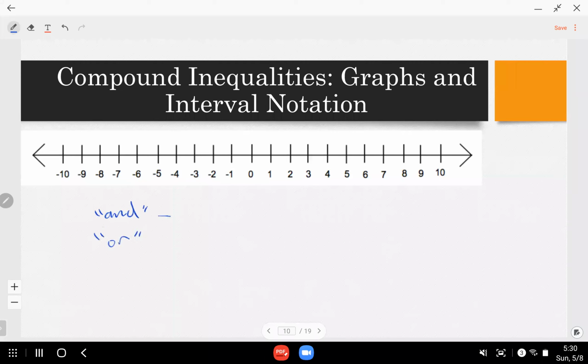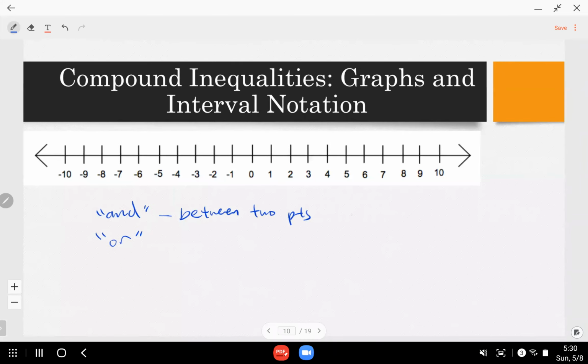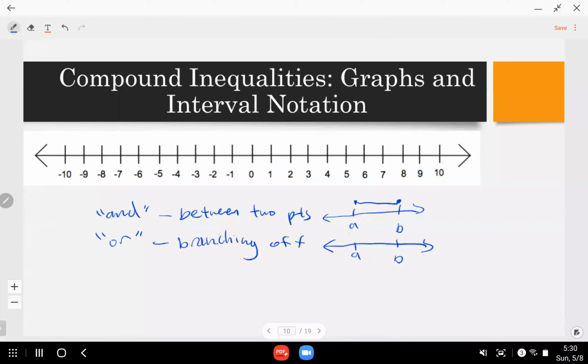The and inequalities are going to be between two points, A and B. The or is going to be branching off from A and B like this.